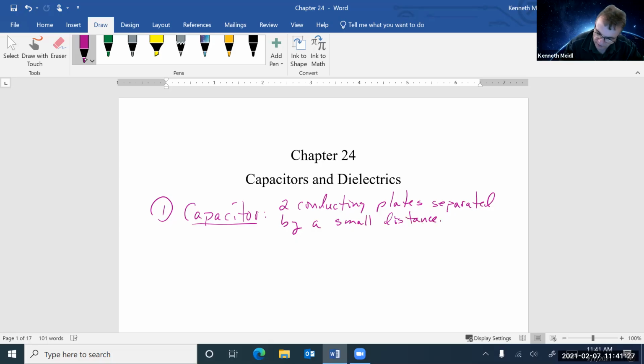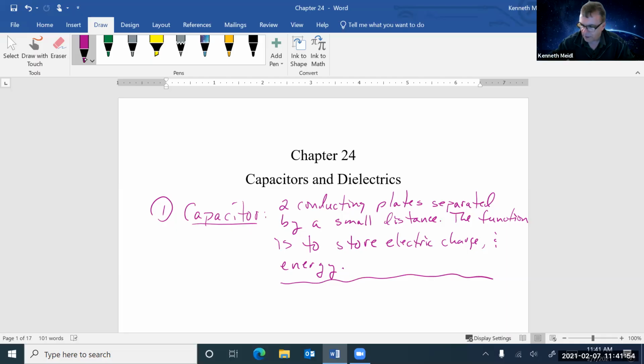The function is to store charge, and therefore, energy gets stored on these devices.